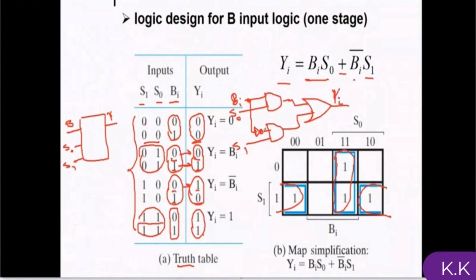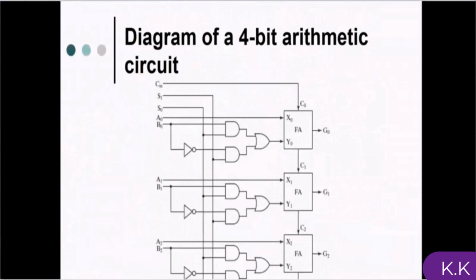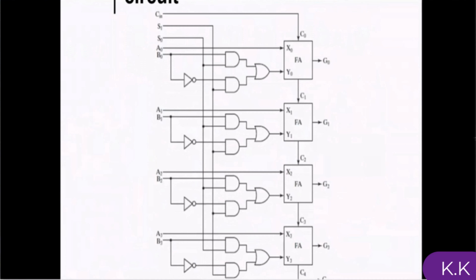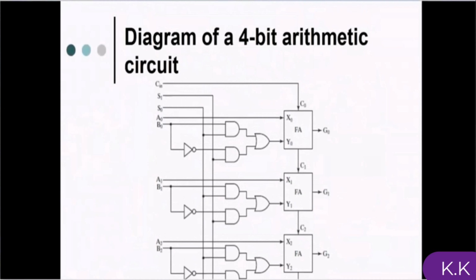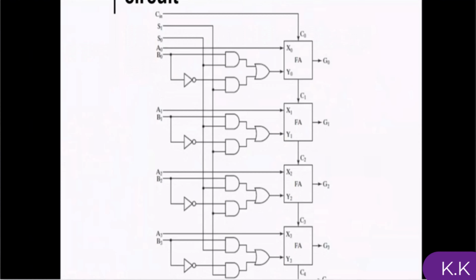If I'm going to draw it, there are 2 AND gates and an OR gate here. B is coming here, B index i, B prime of B index i is coming here. On this part, S0 is here and this one is here. So this is the Y index i.